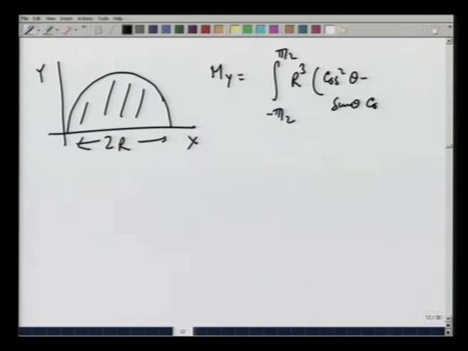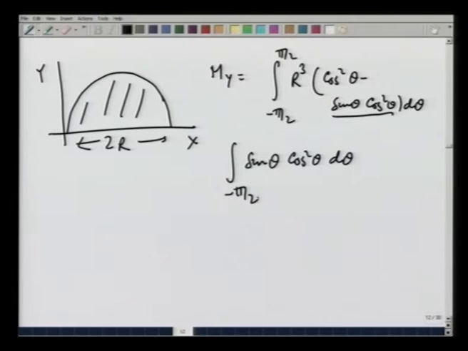Sine theta cosine square theta is an odd function with respect to theta, and therefore, its integration from minus pi by 2 to pi by 2 is going to be 0, because as you go from theta to minus theta, this integrand changes sign.